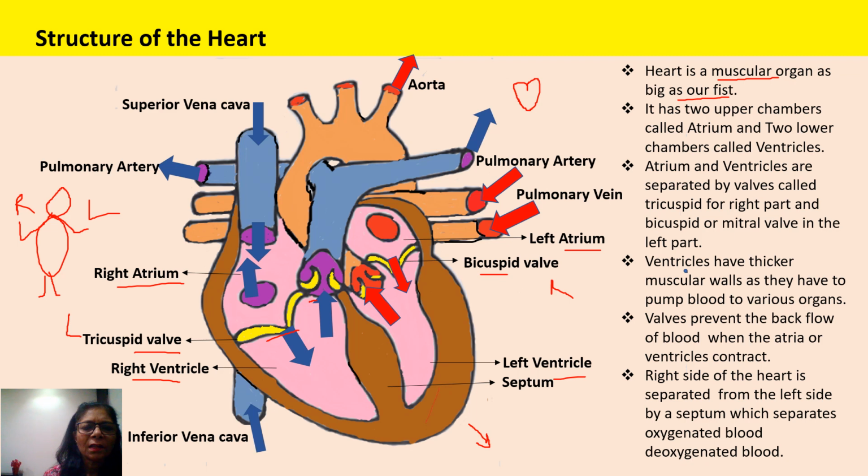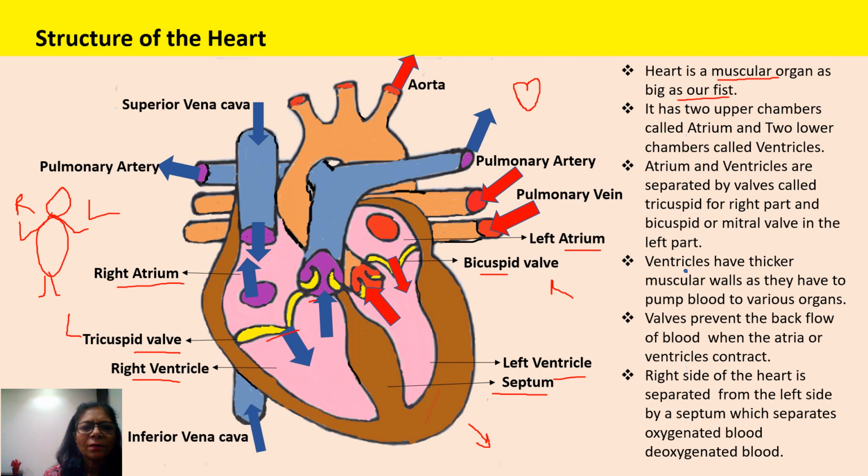The left side of the heart is separated from the right side by a septum. This septum is muscular and it prevents the mixing of oxygenated blood with deoxygenated blood.